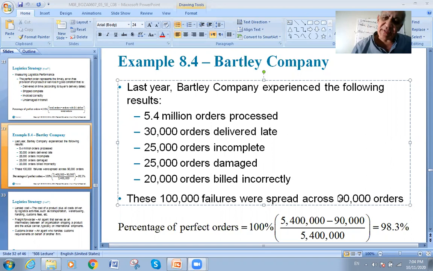Out of them, the real number of failures is 90,000, because he said they were spread across 90,000 orders. So to get the perfect ones, all the orders, 5,400,000, minus the failure orders, 90,000, divided by all orders, 5,400,000, multiplied by 100%, it will give you 98.3%. So this is the first point.